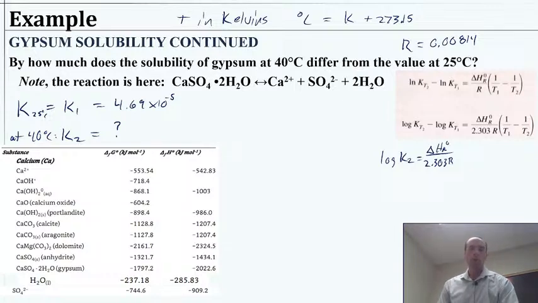It's kilojoule per mole Kelvin. So R is 0.008314 kilojoules per mole Kelvin.